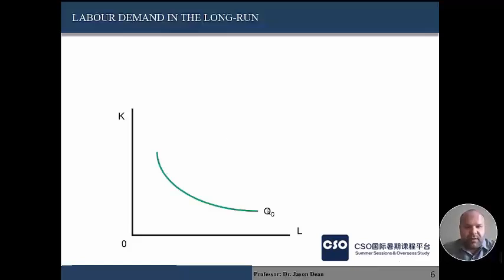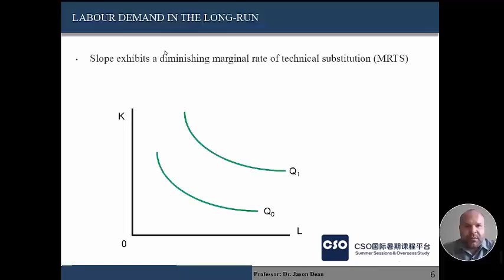Here we have an isoquant, Q0. A higher isoquant, Q1, represents higher output. The slope of a line tangent to these curves exhibits a diminishing marginal rate of technical substitution.